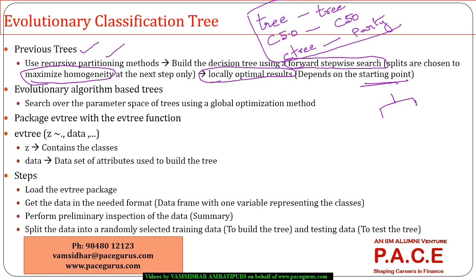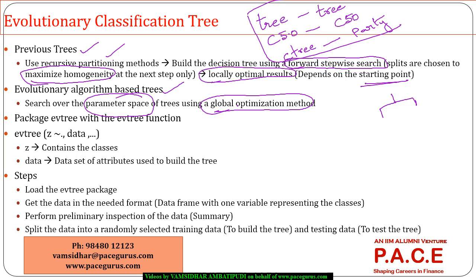It depends on where the starting point is. Depending on the seed value that we have used, there is a good chance that the best fitting split is purely based on the starting point that we have chosen. Whereas in case of evolutionary algorithm based trees, which is the current one we are looking at, there is a search going on over the entire parameter space of trees, and instead of a local optimal result, we are going to get a global optimal result.